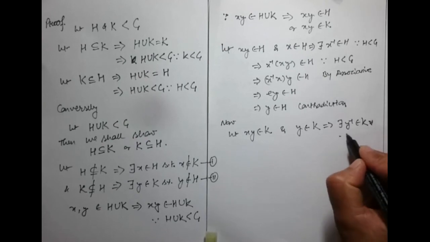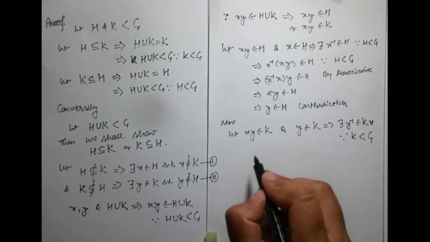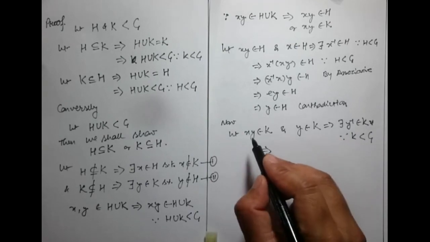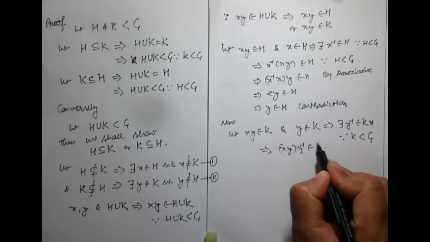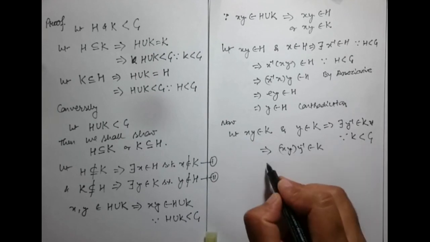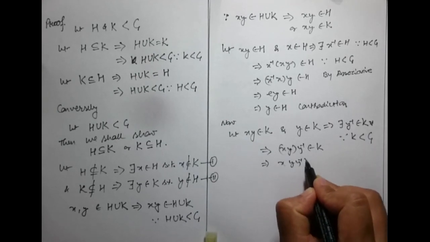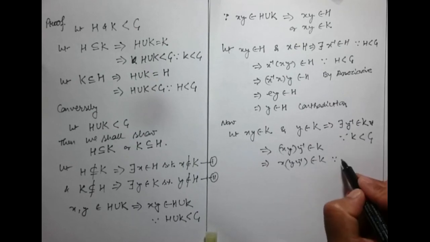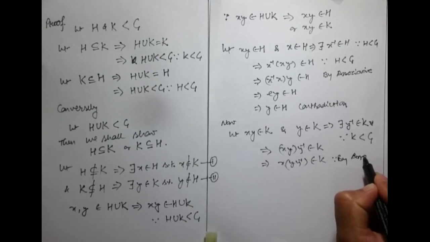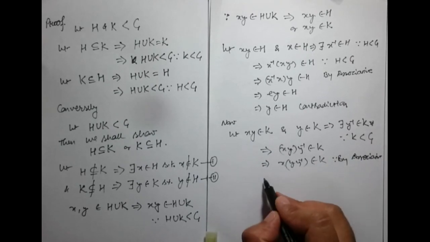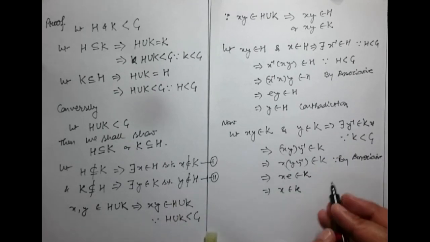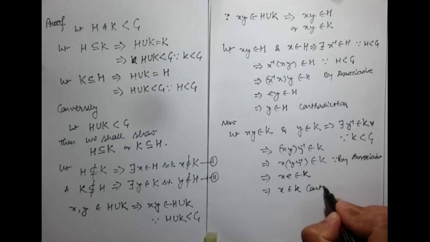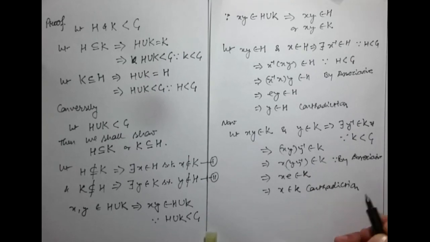Because K is a subgroup of G. Now see, xy is also in K and y inverse is also in K, so xy inverse will also be in K, because K is a subgroup of G. It implies xy y inverse belongs to K, since by associativity it implies x into e belongs to K, but x is not in K, contradiction. So our assumption is wrong.